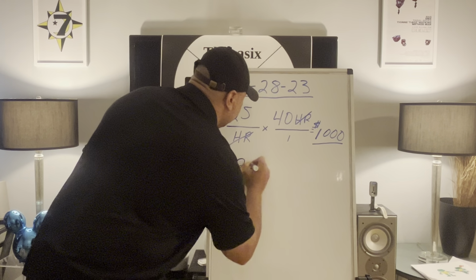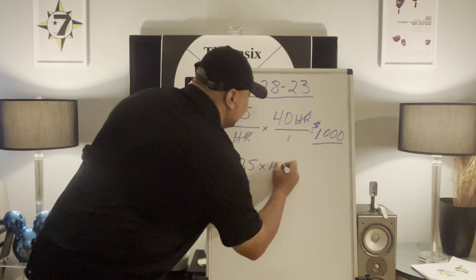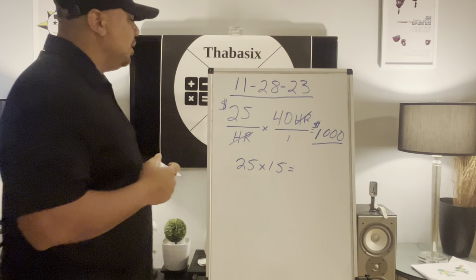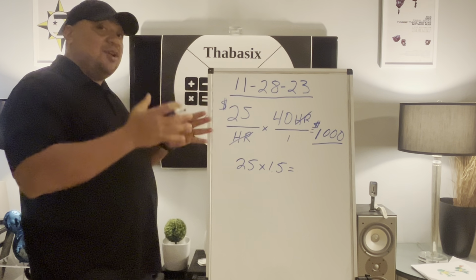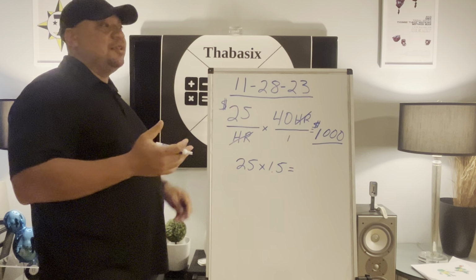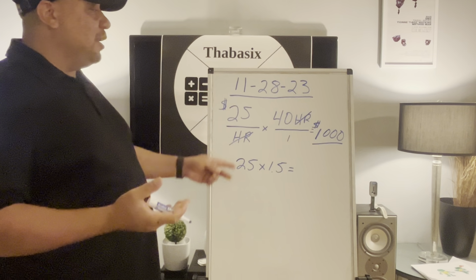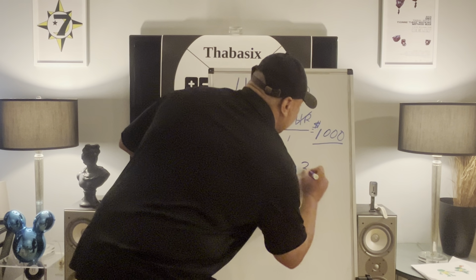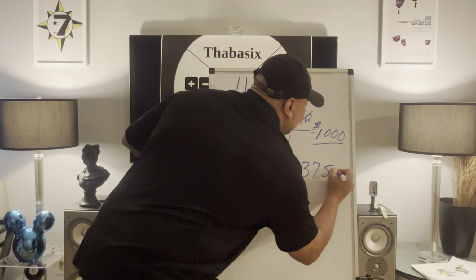Again, I'm using a calculator today, but it's basically 25 plus half of 25. I know that half of 25 is 12.50, so if I add that on, it's $37.50. That's your pay rate per hour in overtime.